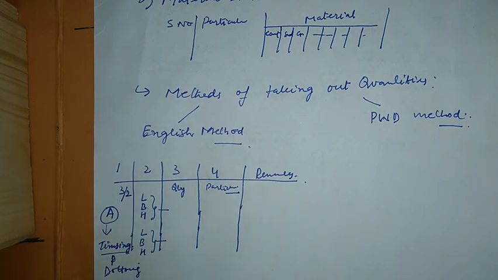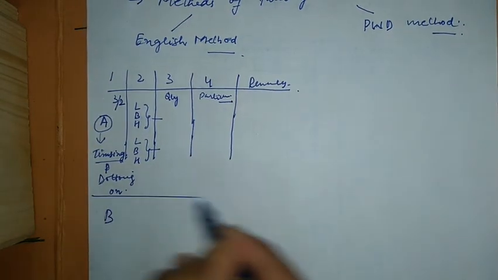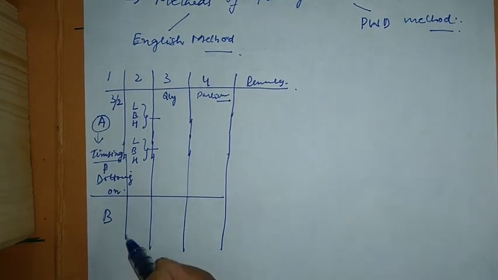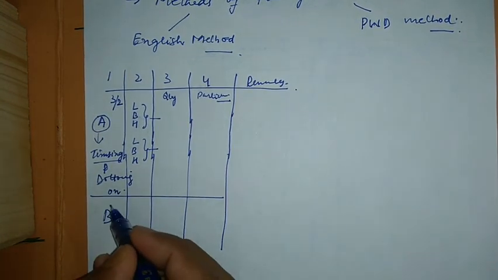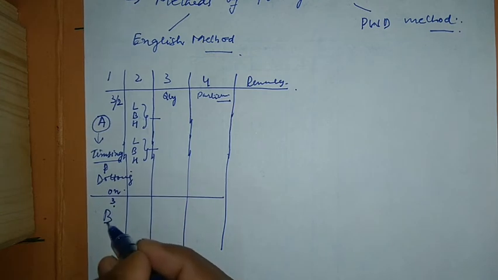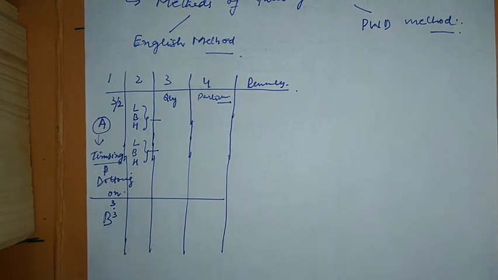For example, let me show you here. If this is B, this is A, all the dimensions are written. For example, this is multiplied 3 times and it also needs to be dotted on, so we will dot it and write like this. So this is what I mean by timesing and dotting on.